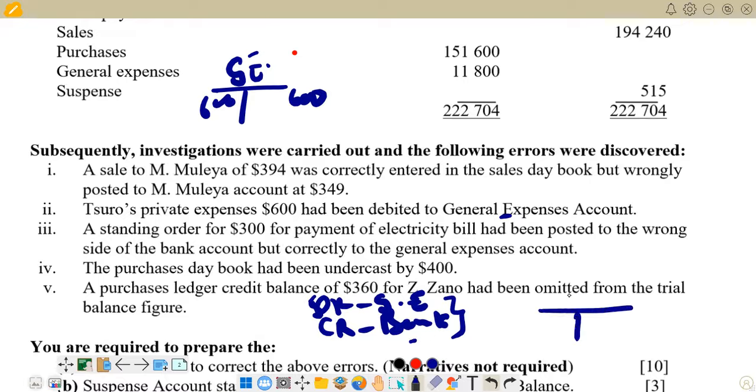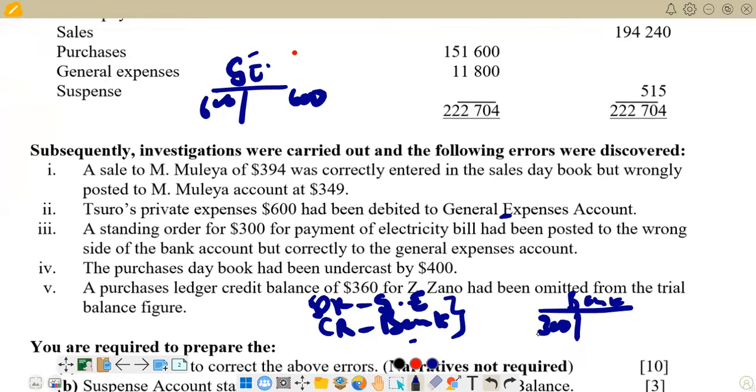So if you take our bank account, this 300 was on the debit. This error is affecting the balancing of the trial balance, because this amount was supposed to be on the credit, but it was posted to the debit side.